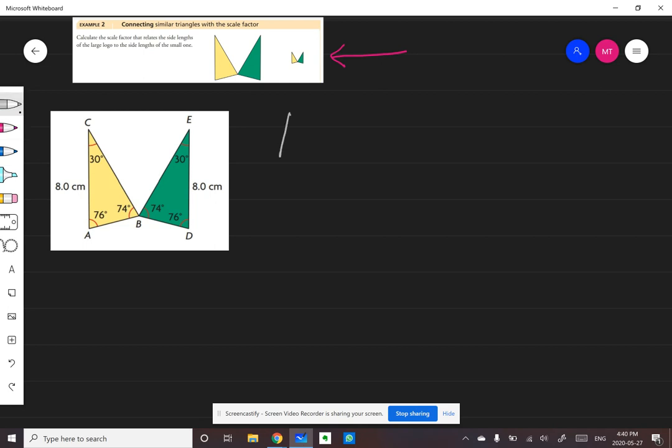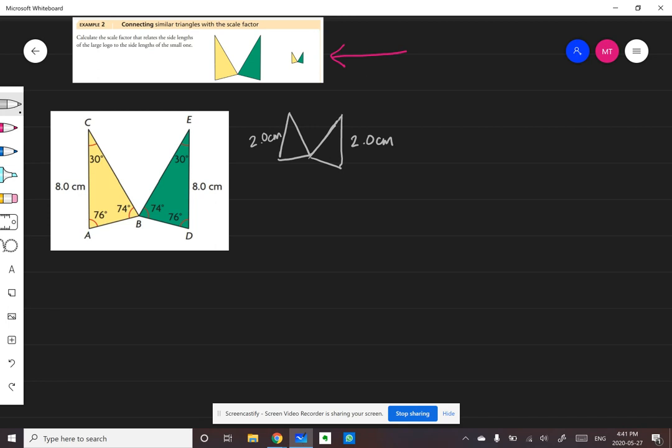So if I were to do the measurements in the textbook, I would find that the left side was 2.0 centimeters. This other side is 2.0 centimeters.